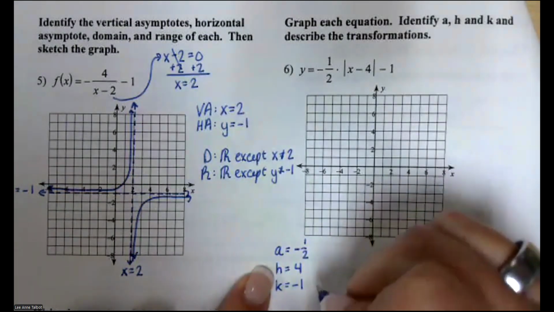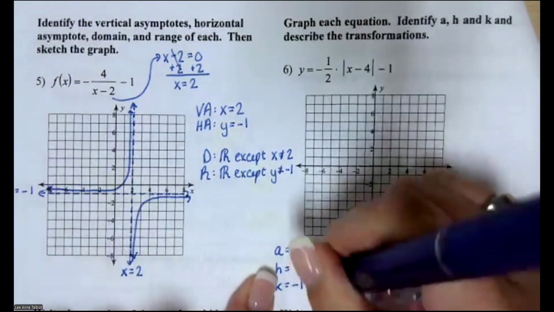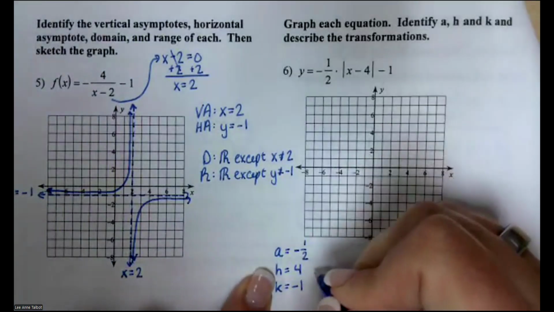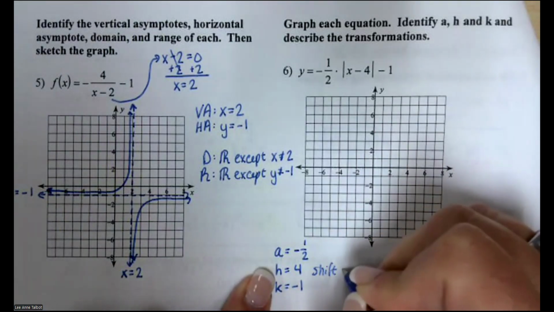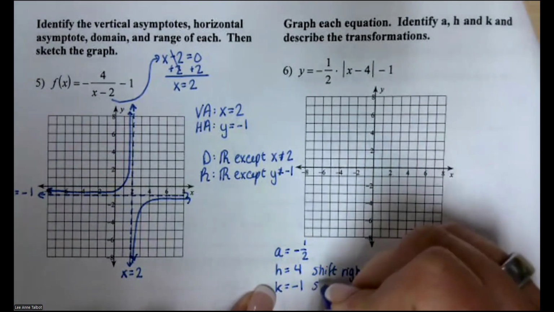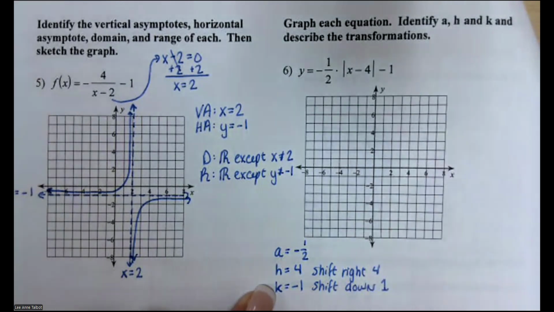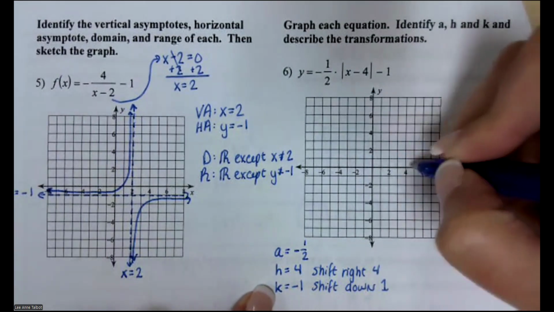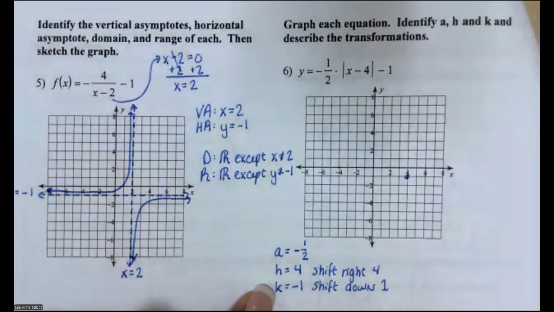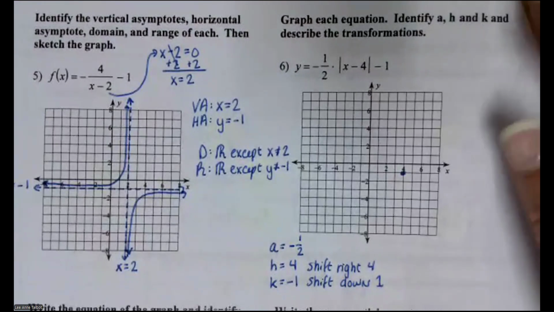And H is +4, so that means I should say shift right 4. Shift down 1. Okay, so what I want you to do is go right 4, down 1 for your vertex. So this is an absolute value graph, which is a V shape.